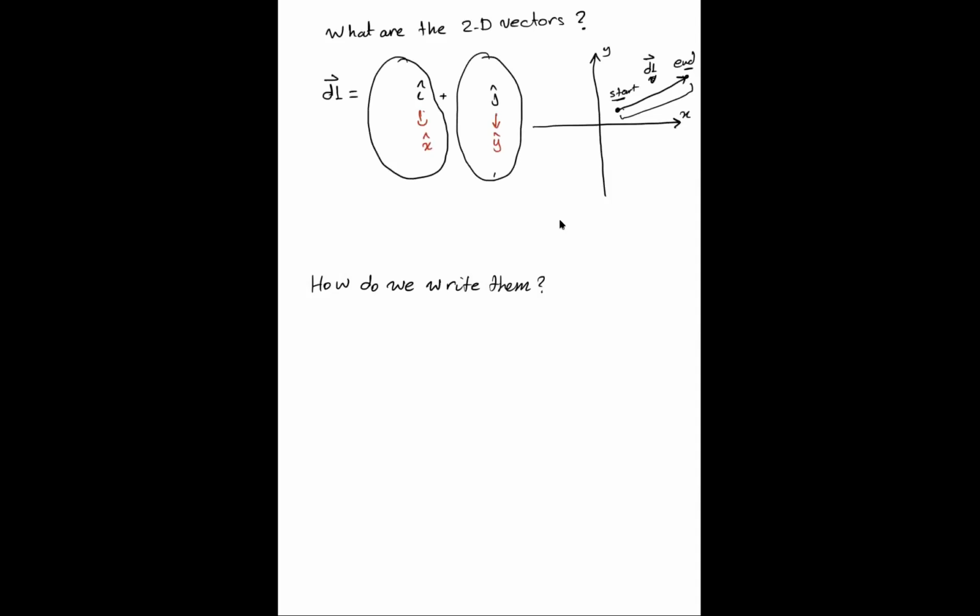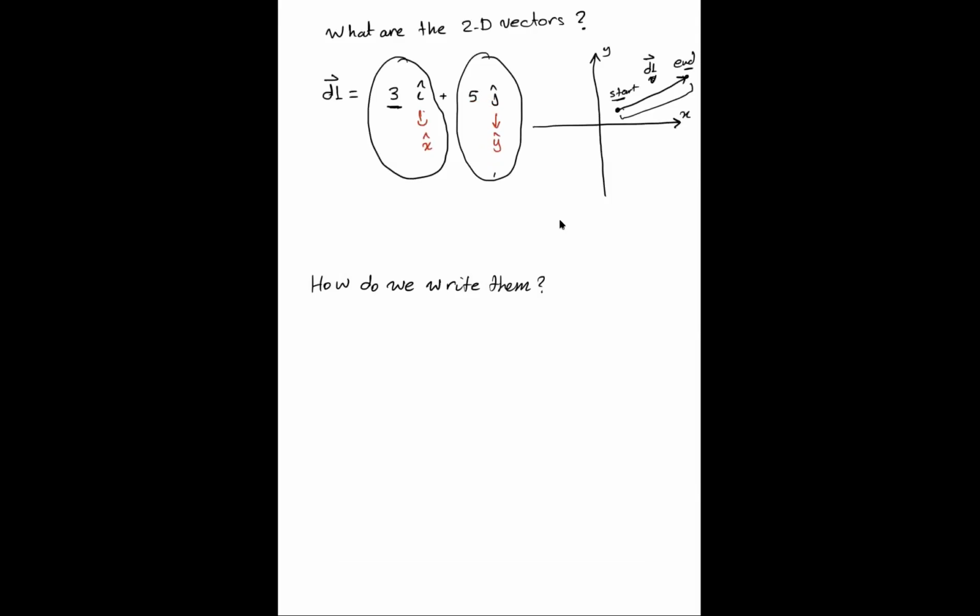Those components also have scalar quantities next to them. For example, 3 and 5 right here. And that tells us that in the I or X direction, the object moved 3 units, and in the J direction or Y direction, the object moved 5 units.